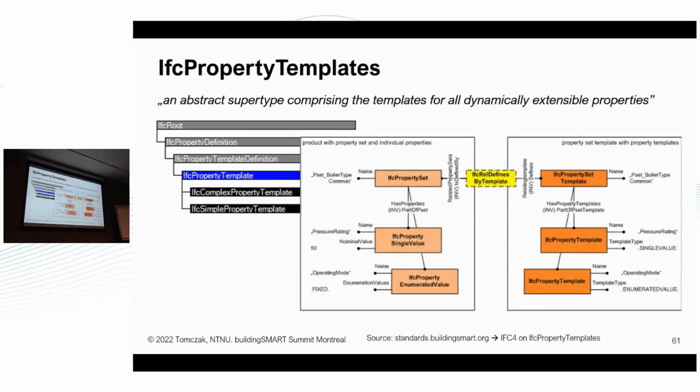And when you look at the IFC, for example IFC 4, you can also find some property templates within the IFC schema. And this is a diagram taken directly from the IFC documentation. So you can see that property templates could be complex or simple.